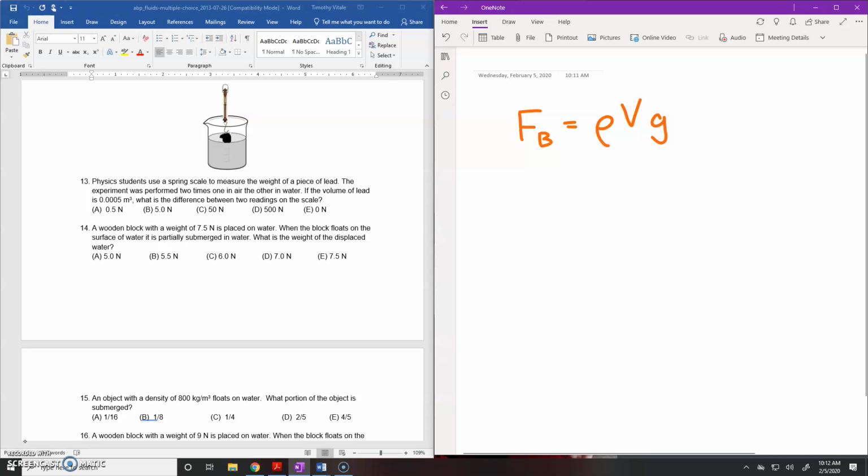So the density is always 1,000. The volume, they told us, is 0.0005, and G is 10. So 10 times 1,000 is 10,000. 10,000 times 0.0005 is, or no, actually, 5, right?